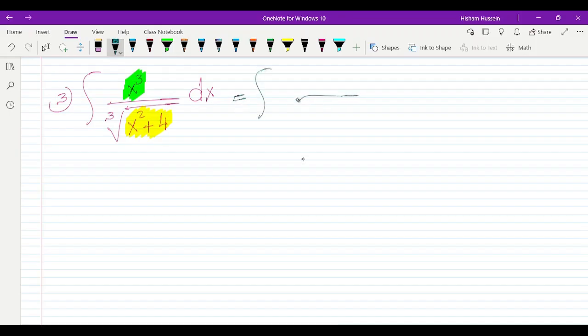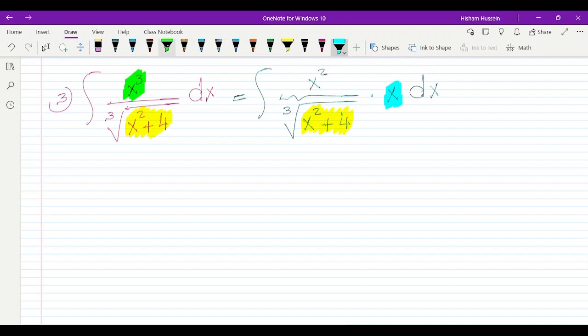Then it will be integration of x squared divided by the cubic root of x squared plus 4 times x dx. And then already we have a function which is x squared plus 4 with the derivative of this function which is x.